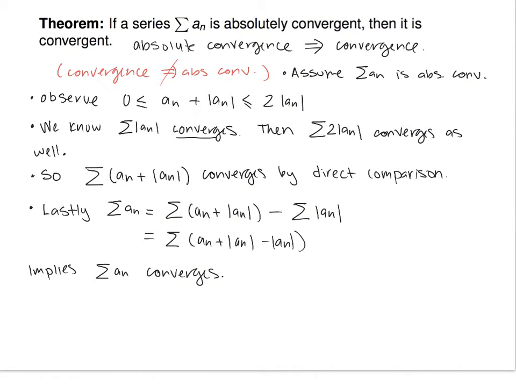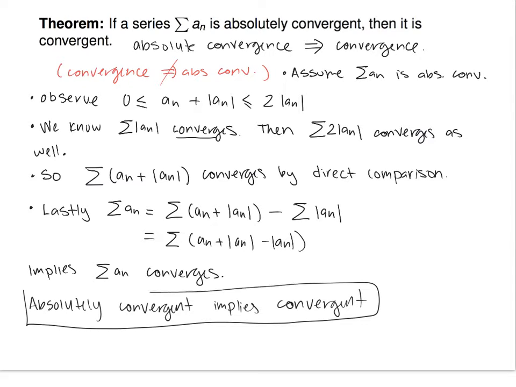And this test doesn't really have a name, so when you use it, you should say something like, absolutely convergent implies convergent. You should say something like that in your explanation.